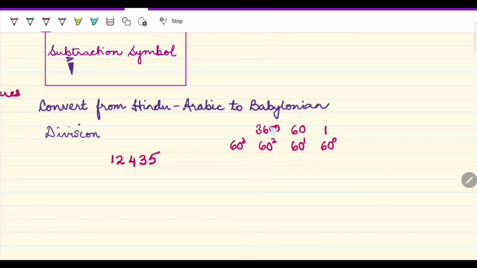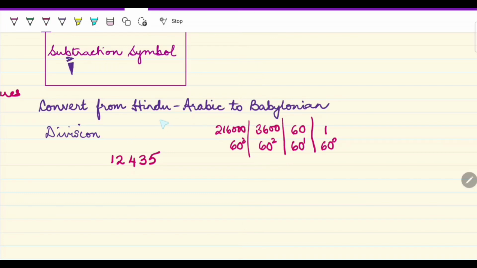On the left, 60 cubed has a place value of 216000. All right, so these are the different place values in the Babylonian system.